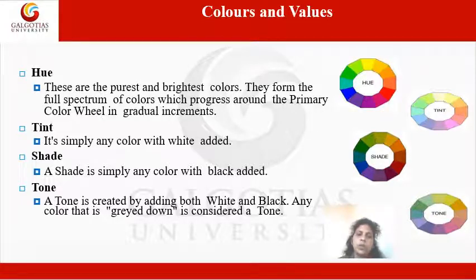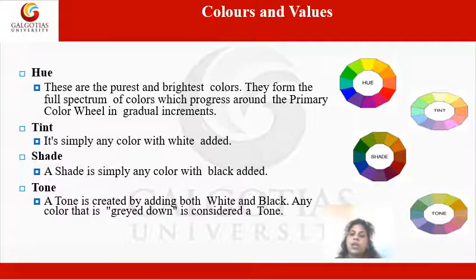Hue is known as the purest and the brightest color. They form the full spectrum of color which progress around the primary color wheel in gradual increments. Primary color wheel, like as we mix different colors, it changes.